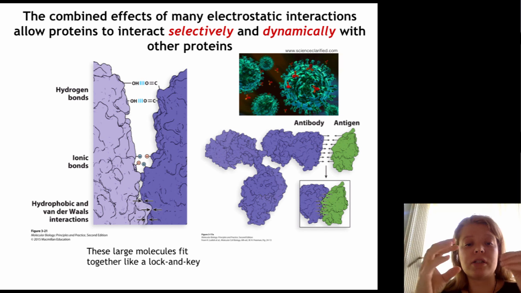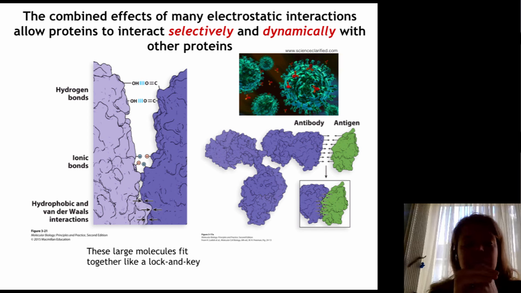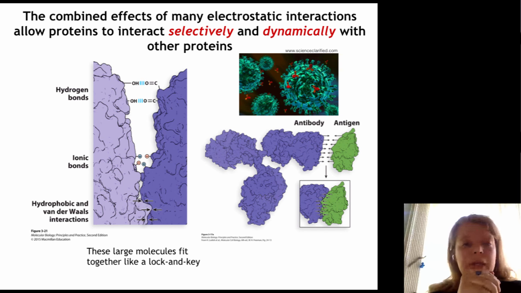And these interactions allow proteins to fit like a lock and key model, because these are still very, very short range interactions, and the proteins actively hug each other when these interactions occur.